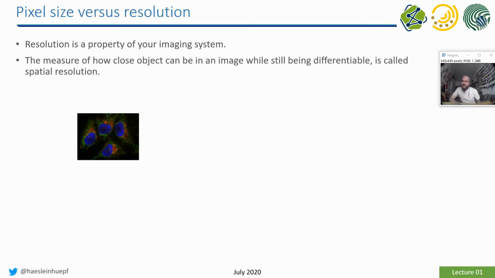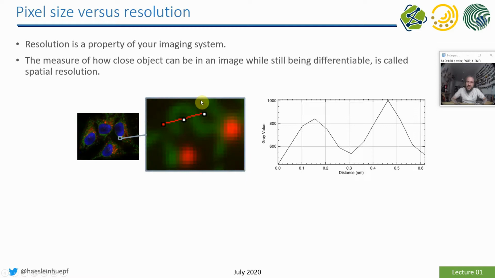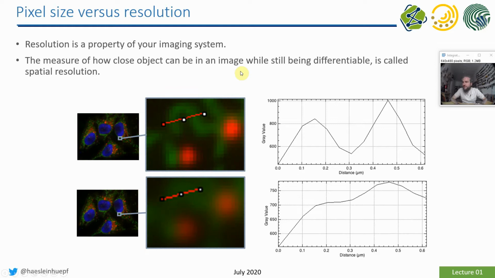Then a reminder of a terminology thing. Pixel size is not resolution, even though they are related to each other. If I have very large pixels, that would mean that I may not be able to resolve small objects. But having very small pixels may not allow me to differentiate these small objects if the resolution of the microscope is not enough.